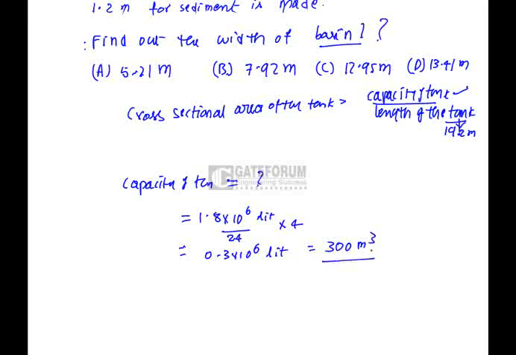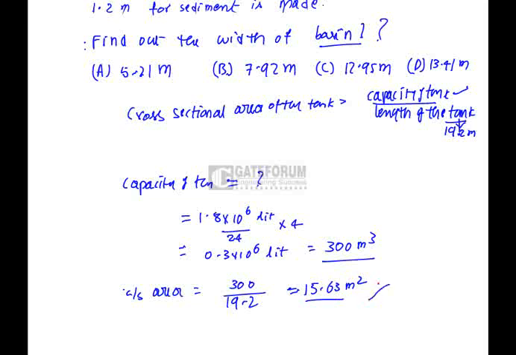So the capacity of the tank is 300 cubic meters. Therefore the cross sectional area of the tank is 300 divided by 19.2, which gives 15.63 square meters.